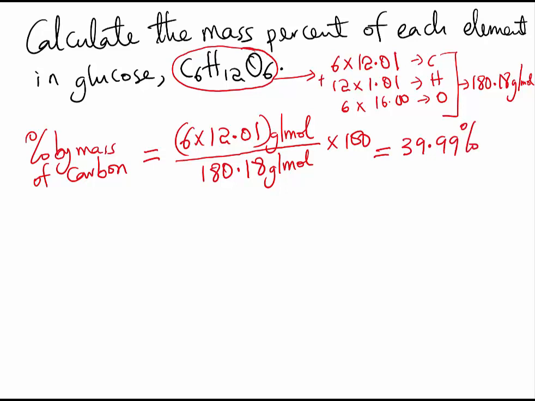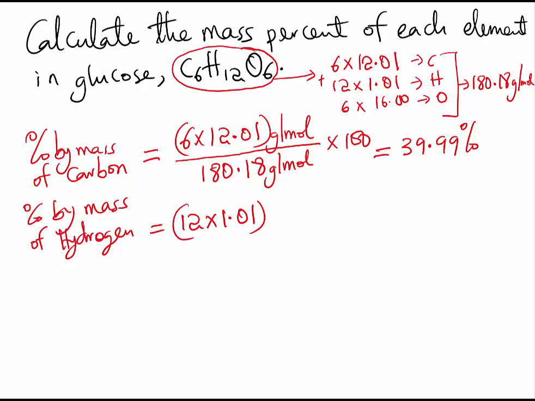Let us now do the percentage by mass for hydrogen. Percent by mass of hydrogen will be equal to 12 times 1.01 gram per mole divided by the molar mass of the compound times 100.